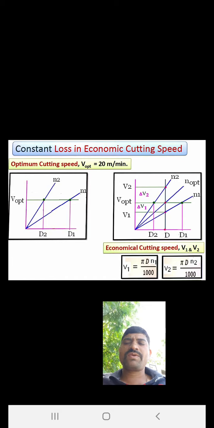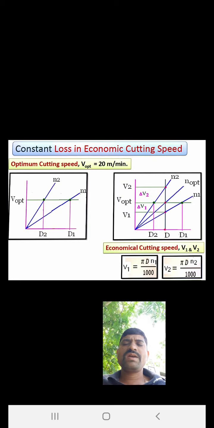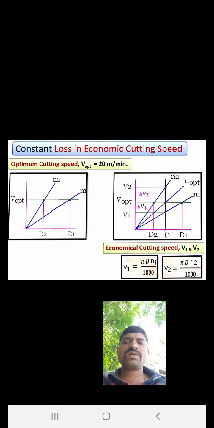Okay, similarly you should remember that we can write Vk is less than V optimum is less than Vk plus 1, meaning the optimum cutting speed lies between the particular cutting speeds Vk and Vk plus 1.